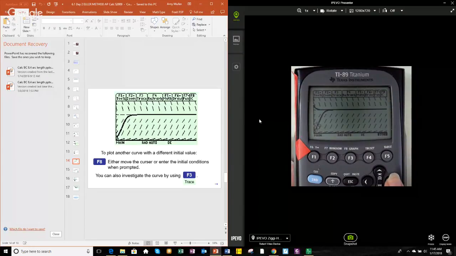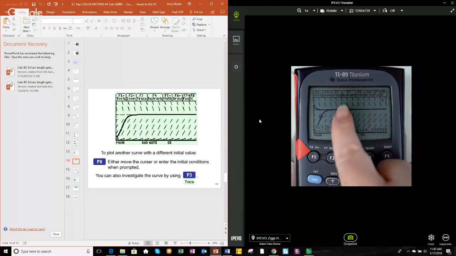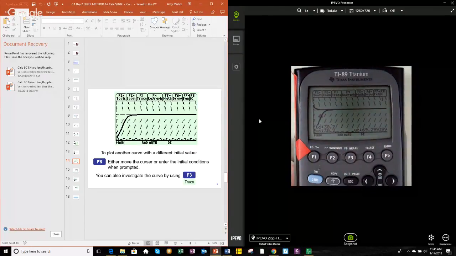See, I'm way down low here. And see, it's just following the delta y, delta x. You see as I'm pressing that? Trace, I'm just going to the right here. All right, so you can use the trace. And that's the F3 up here, trace.